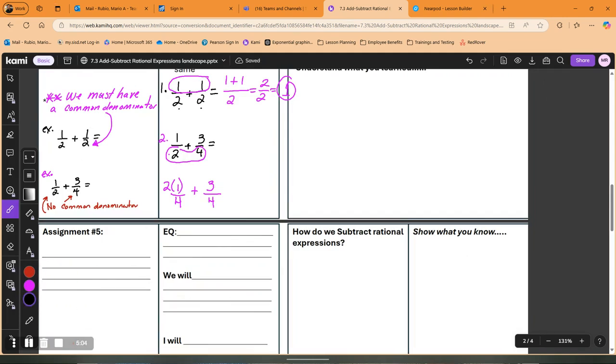So now what does that look like? 2 over 4 plus 3/4. Now we have a common denominator. It's both 4. 2 plus 3, and the denominator stays the same. 2 plus 3 is 5 over 4. And that's it.